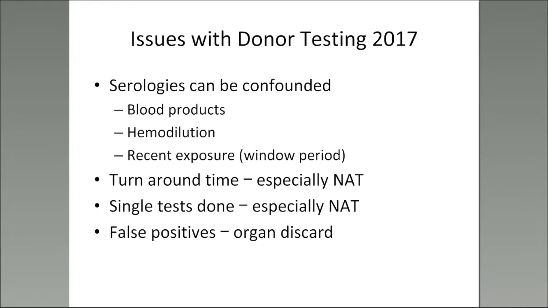Turnaround time, especially if you're in a remote geographic location, you may not have access to timely NAT testing. And then with both serology and NAT, there's always a potential for false positives, which leads to organ discard.